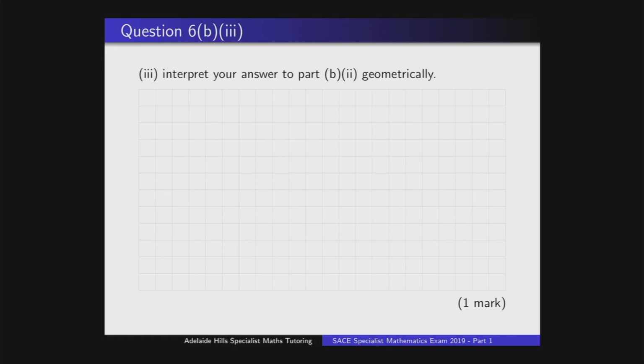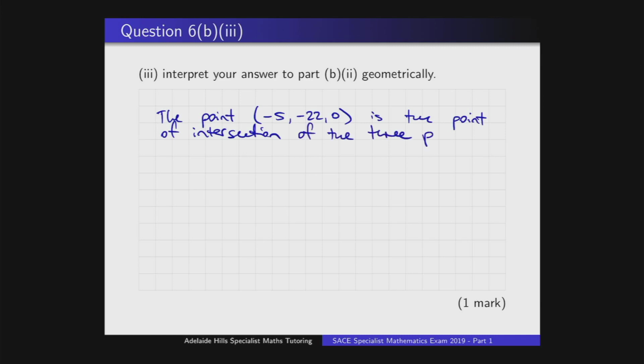And so the geometric interpretation is this, that the point, which is the solution, minus 5, minus 22, 0, is the point of intersection of the 3 planes P1, P2, and P3.